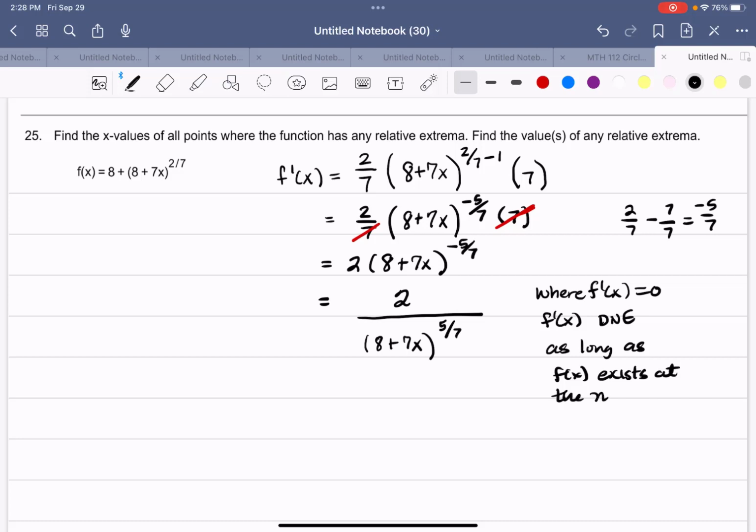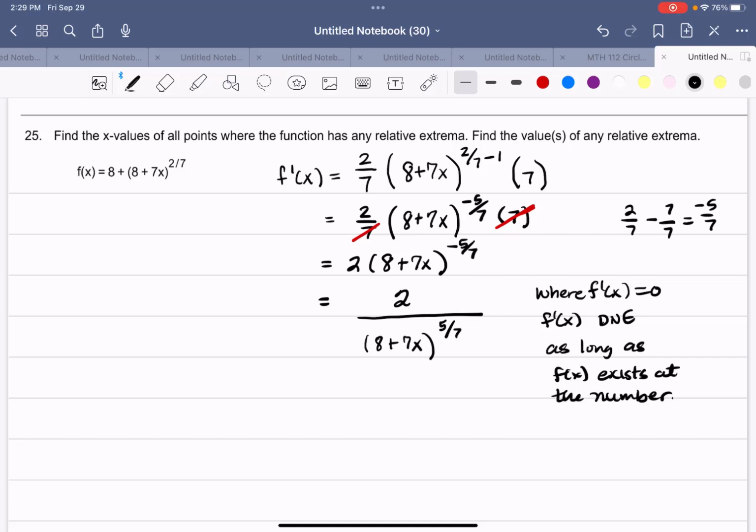So if there's something that's left out from the original function because it's undefined, you can't call that a critical number. But if it's left out of the derivative, you can call it a critical number as long as it is not left out of the original.